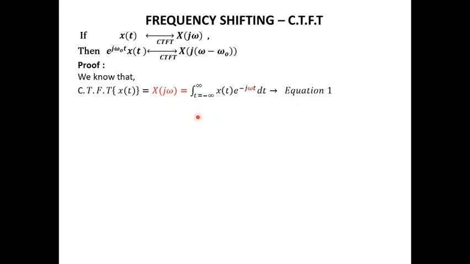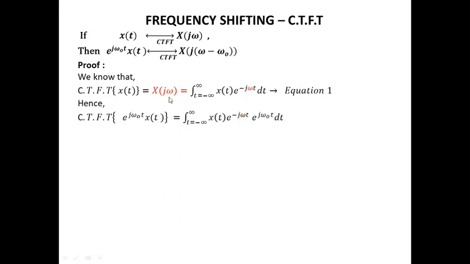What we are trying to extract from the equation is x of j omega. Since you have j omega here, you will also have j omega there.